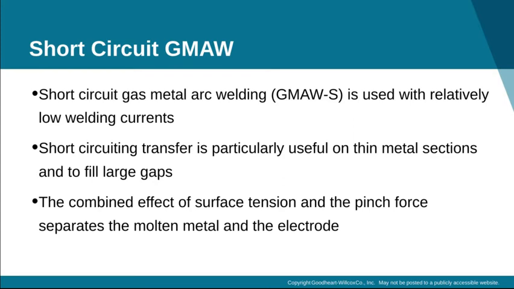Short circuit gas metal arc welding is used with relatively low welding currents. I'd probably say anywhere from like 15 volts to 26-ish volts. Short circuit transfer is particularly useful on thin metal sections and to fill large gaps.